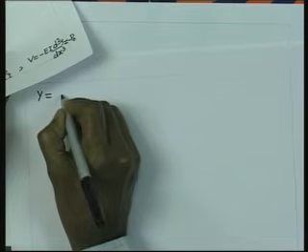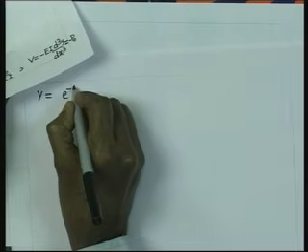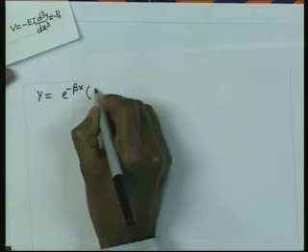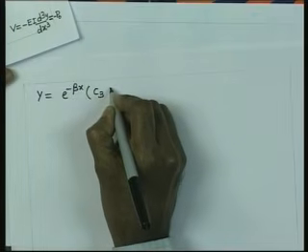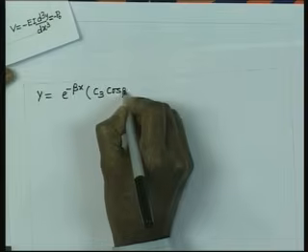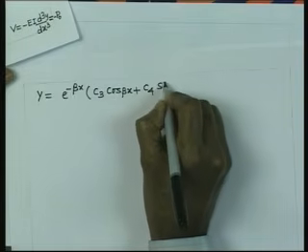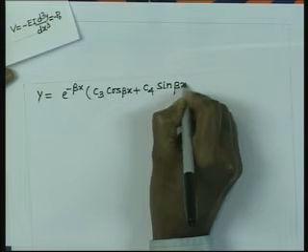For the semi-infinite beam, let us write the deflection equation in the form y equal to e to the power minus beta x into C3 cosine beta x plus C4 sin beta x.